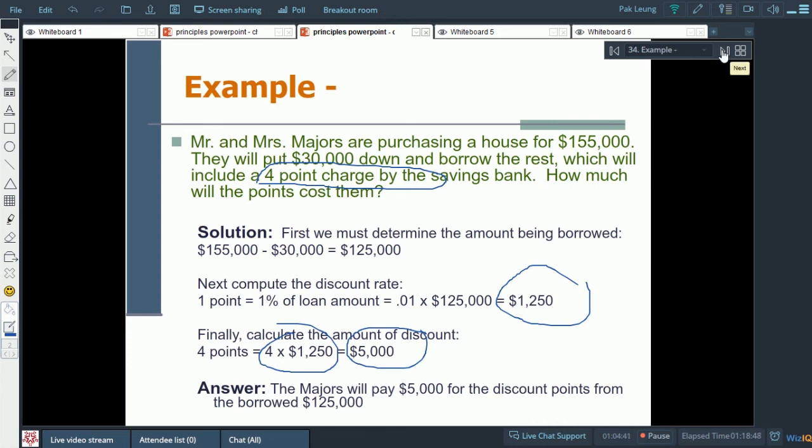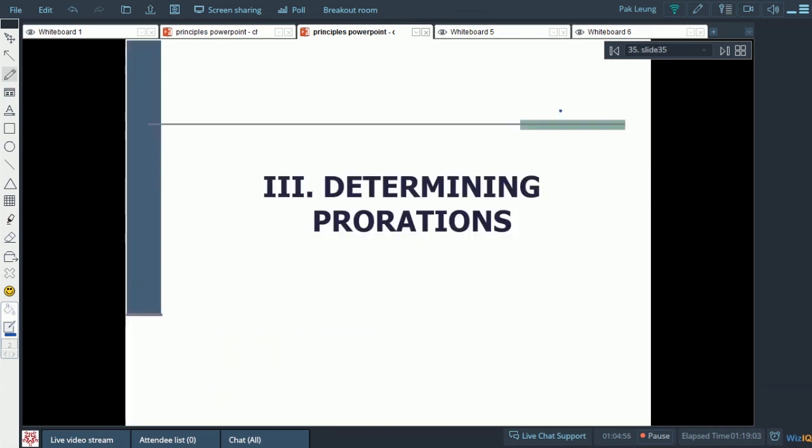Okay, 他有4点, 你乘1250乘4, 这5000块，他要付银行5000块去做这个loan. Okay, so they have to pay $5,000 to do this loan. That's the answer, $5,000. Okay. Everybody got it, right? On the same page?